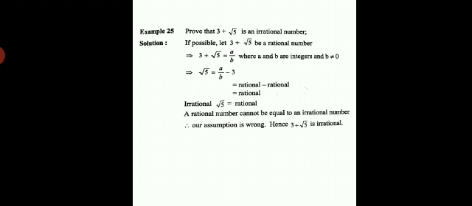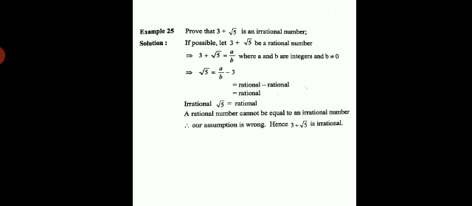Shift 3 to the RHS with a minus sign: root 5 is equal to a upon b minus 3. Here a upon b is a rational number, and minus 3 is also a rational number. If you subtract a rational number from a rational number, you get a rational number only.